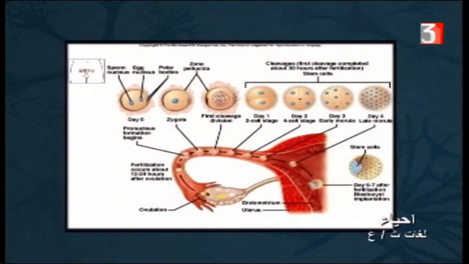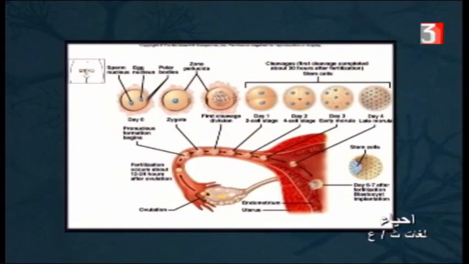Day 3, this becomes the early morula. Day 4, late morula, meaning 6 to 7 days after fertilization, changes to the morula, by another name known as blastocyst.